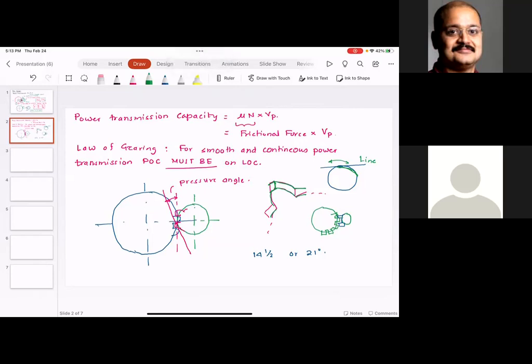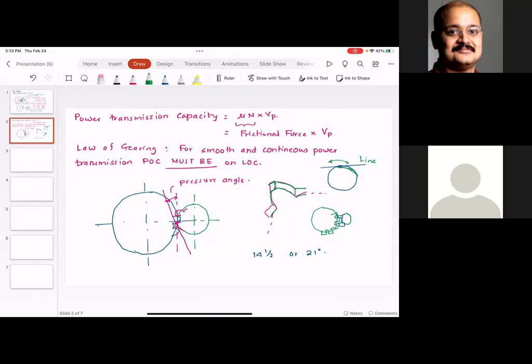I'm studying the contact between the line and the circle. I'm presenting here the contact between the line and the circle. Two gears, when they come in contact, it's like circle to circle contact. It's not line to circle contact, but line to circle contact is a better approximation.